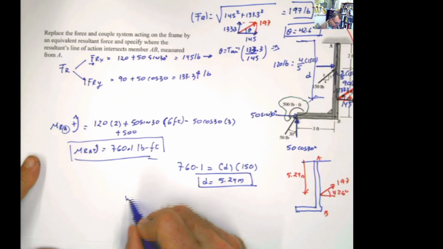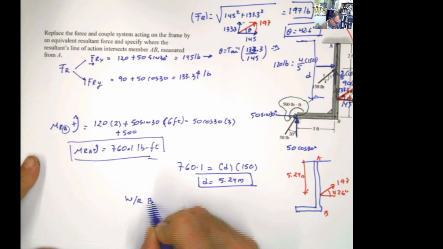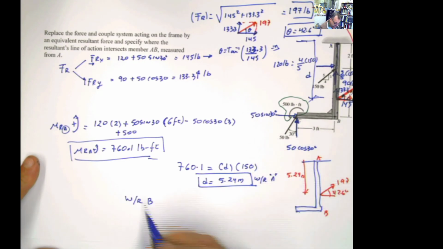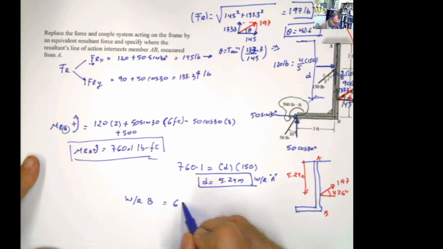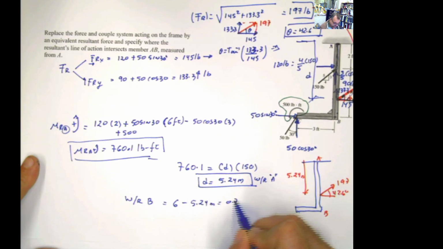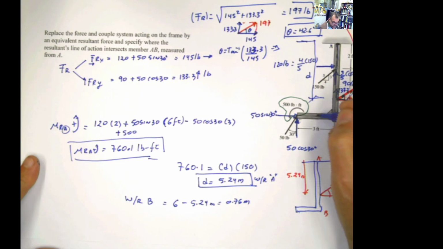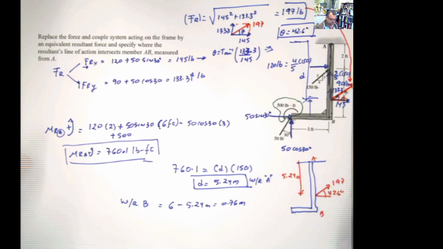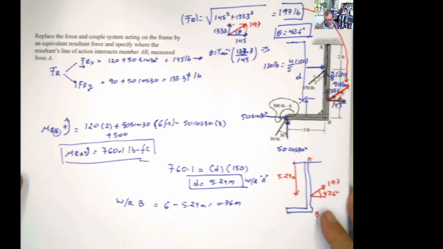But if I need it with respect to the point B, it will be only 6 minus 5.24 meters, which is 0.76 meters. And that will give you this distance instead of the other one. So be smart when you have that type of situation.